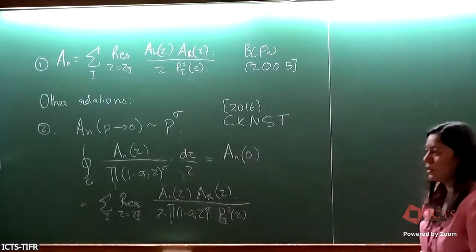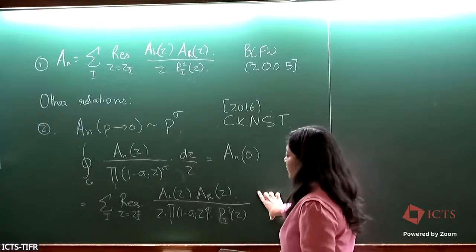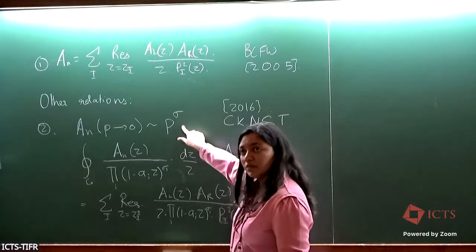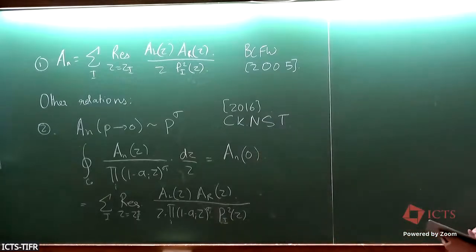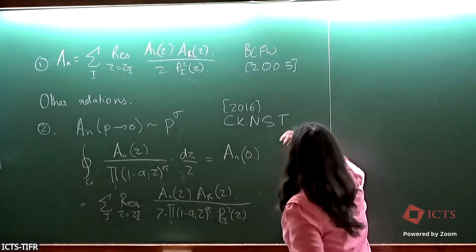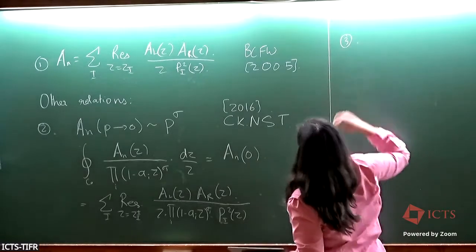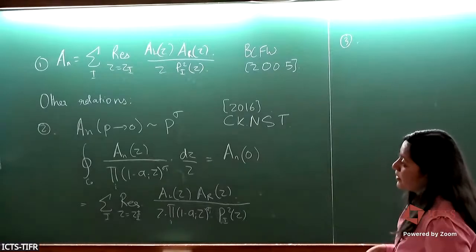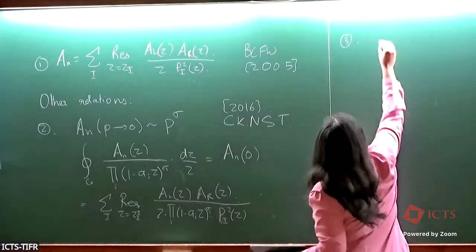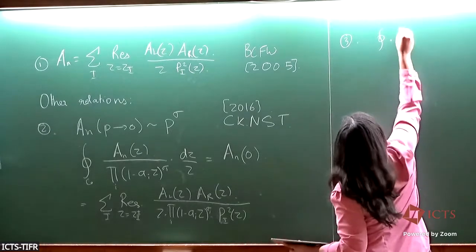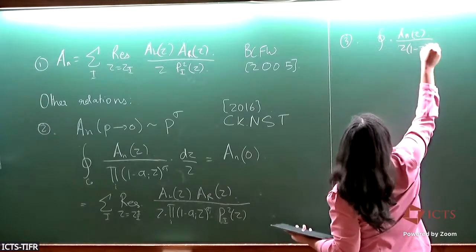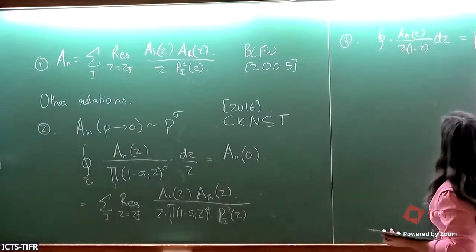Okay, so this allows you to then construct theories whose soft behavior is known. All right. Finally, I'd just like to point out that even if you had shift 3, if you knew, for example, that your amplitude has to vanish in 3 dimensions, then you can draw something like this, which says the contour integral of A_n of z over z, divided by 1 minus z, dz needs to be A_n of z.